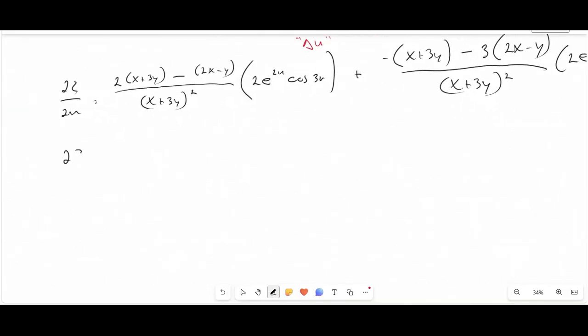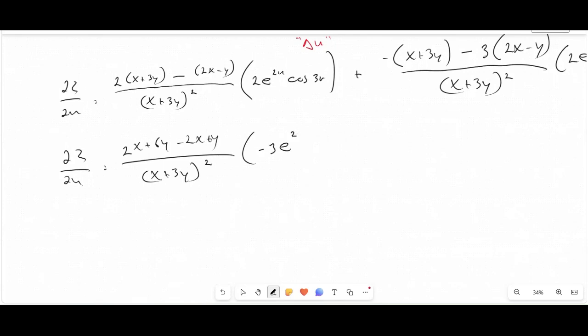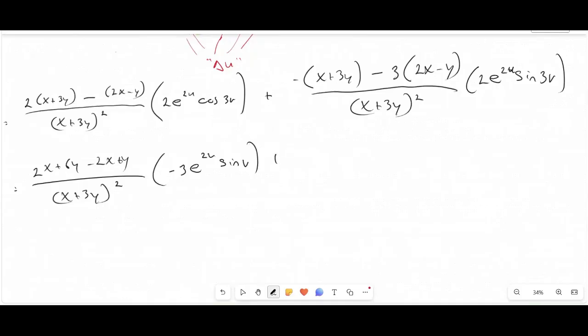And then one more time, we can do this really quickly because the first part's the same. 2x plus 6y minus 2x plus y over x plus 3y squared. I just distributed on the top up there. But now, instead of dx du, I want dx dv. So this is negative 3e to the 2u sine v. And then over here, plus I've got negative x minus 3y minus 6x plus 3y all over x plus 3y squared.